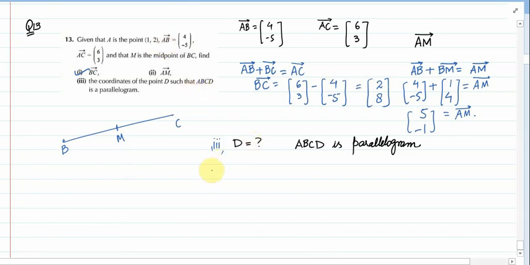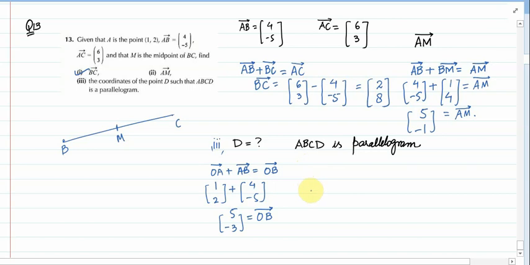I'll say that OA plus AB is equal to OB. OA is known, it's 1 and 2. AB is known, it's 4 and negative 5. So 4 plus 1 is 5, 2 minus 5 is minus 3. So those are the coordinates of B.